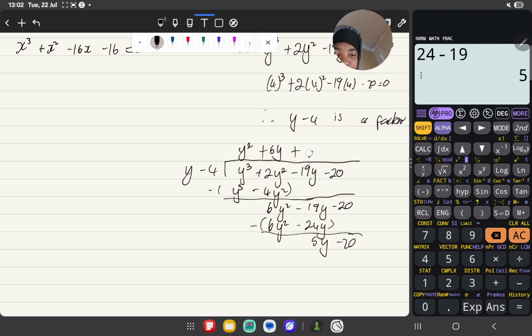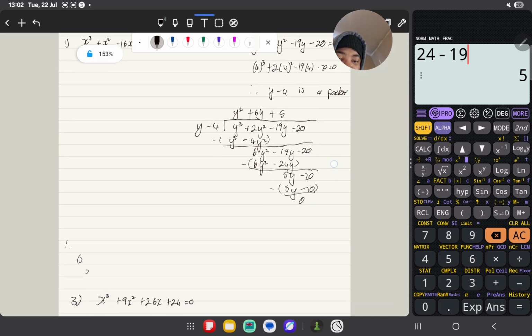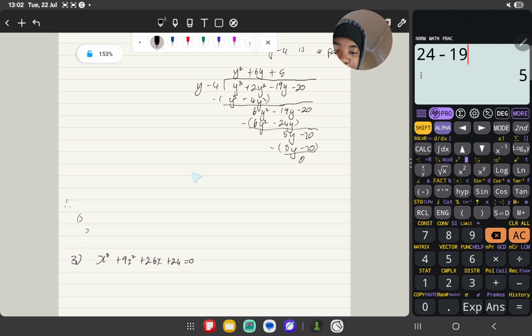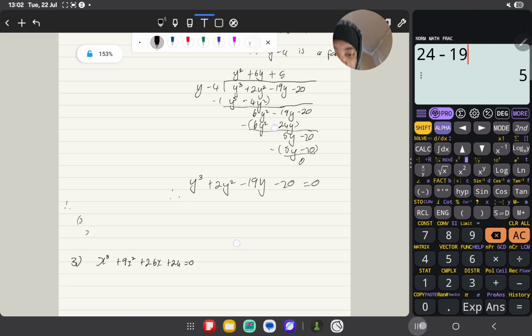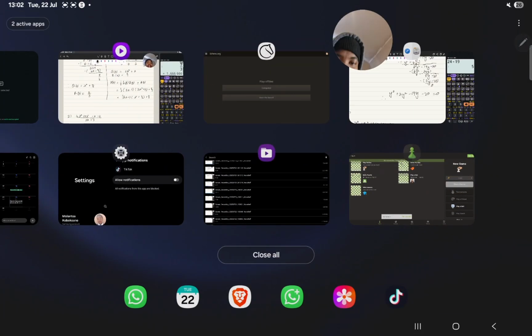Then you have plus 5, multiply, you have 5y minus 20, which is 0 when you subtract. So we are fine, we're good. And then you write y to the power of 3 plus 2y squared minus 19y minus 20 equals 0.